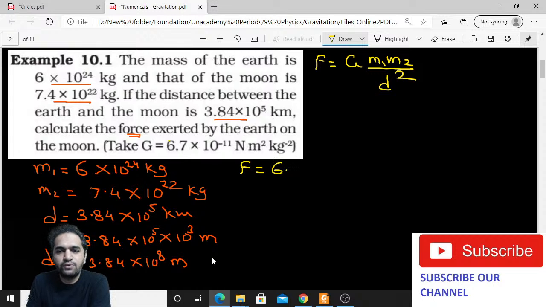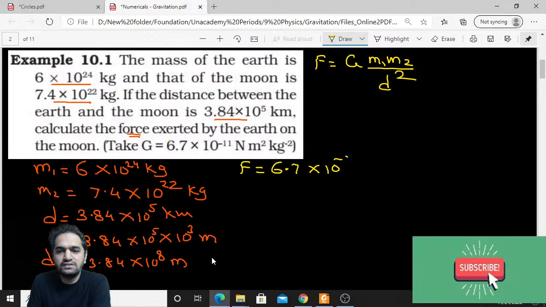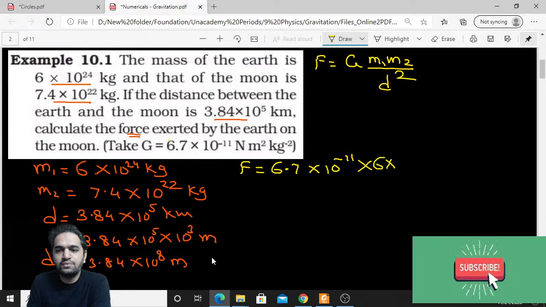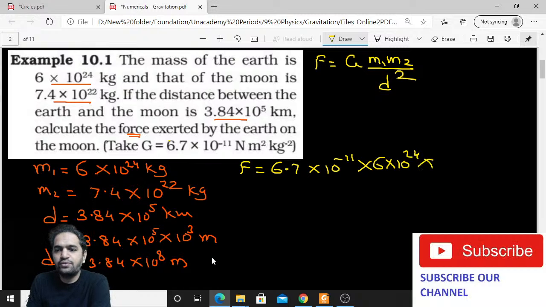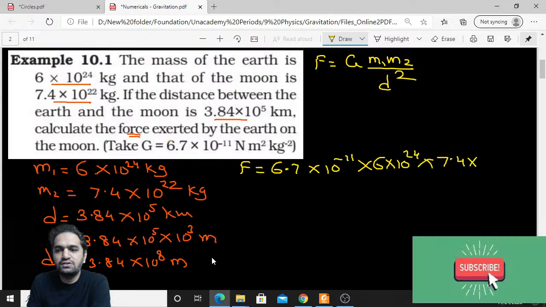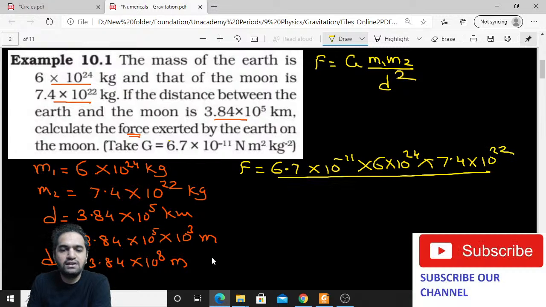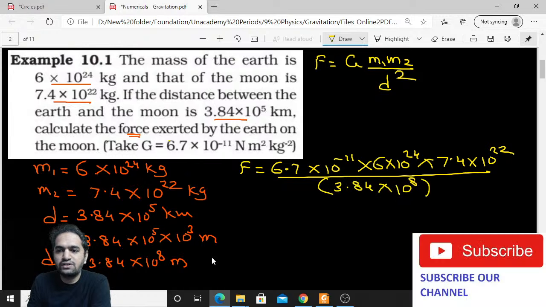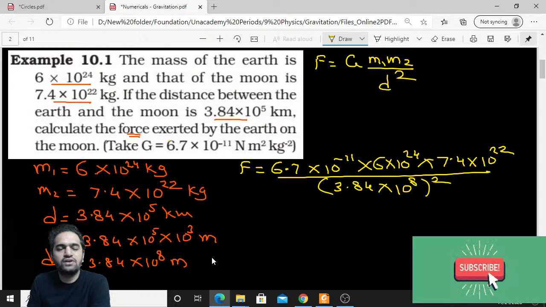That is 6.7 into 10 to the power minus 11 into, what is the value of m1? 6 into 10 to the power 24. What is the value of m2? m2 is 7.4 into 10 to the power 22. Okay, and what about the rest? Divided by 3.84 into 10 to the power 8 and bracket square, right? This is the bracket square we are getting because that is d square after all.